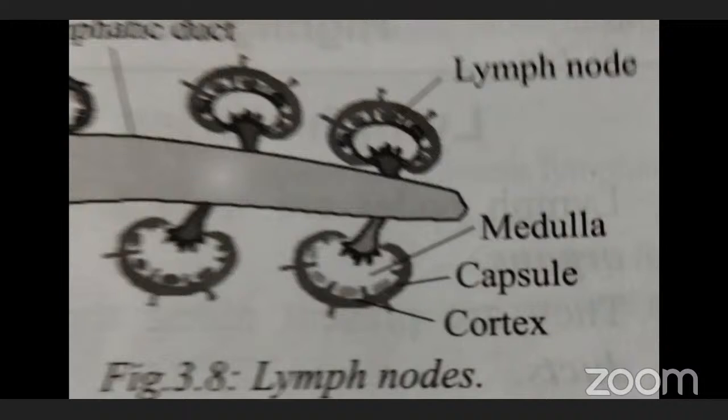One side of the lymph node has an indentation, the hilus, where the blood vessels enter and leave the node. Several afferent lymphatic ducts carry the lymph here.